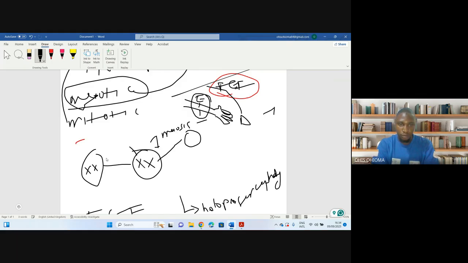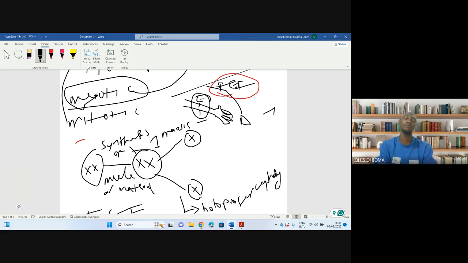So here, this point is synthesis of nuclear material. So the nuclear material is synthesized and duplicated. So these chromosomes have more nuclear material. And so you have this chromosome here. This one goes here, and then this one goes here. This is primary meiosis. And then secondary meiosis occurs where each cell becomes a haploid.